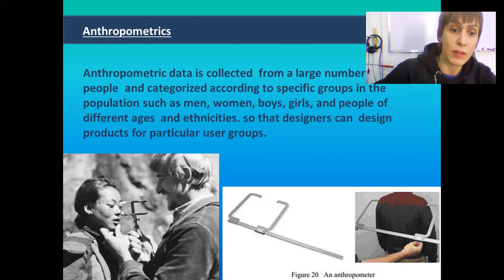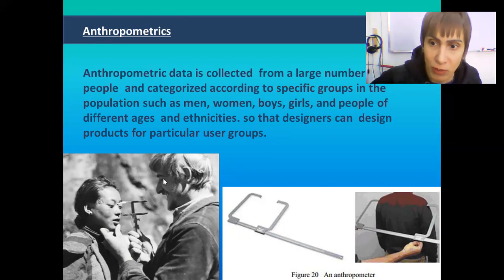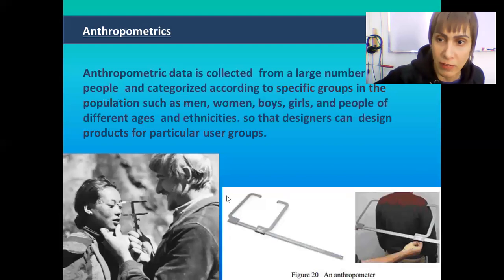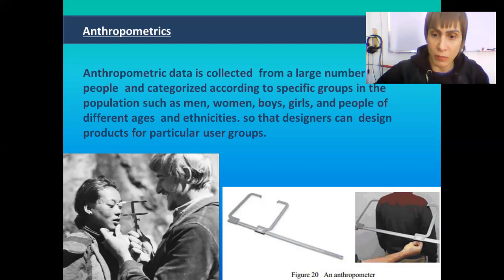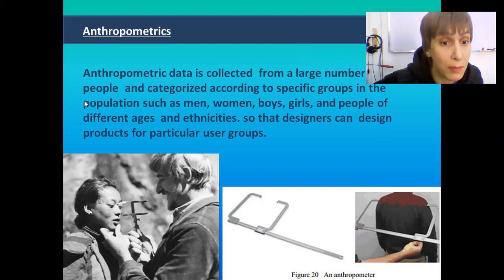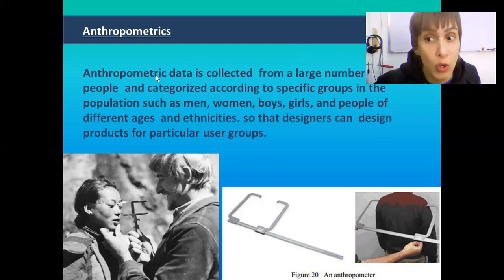Well, they actually measured human bodies, millions maybe of human bodies. They were measured, and then the data calculated and placed in drawings and tables, and we will see examples in a minute.